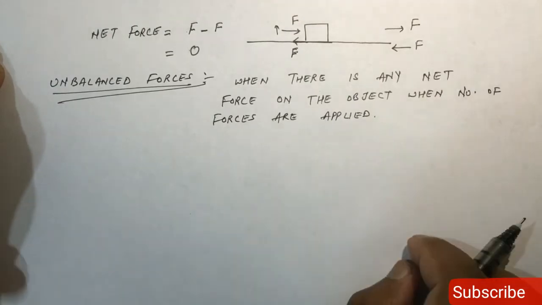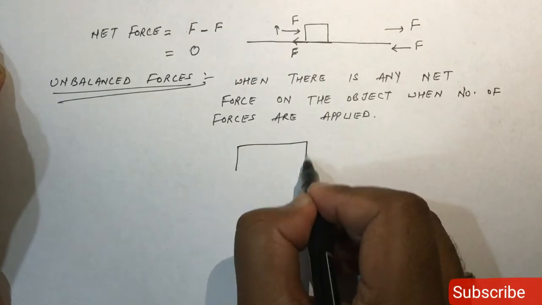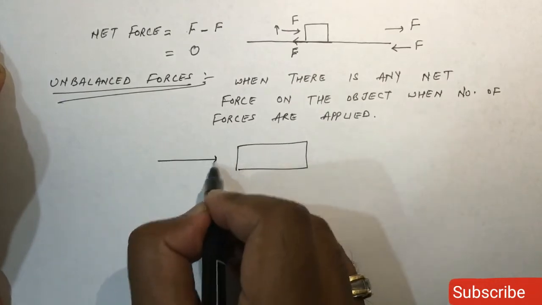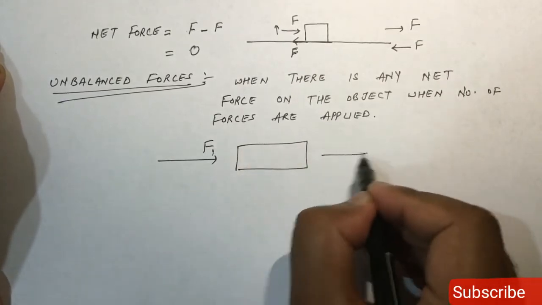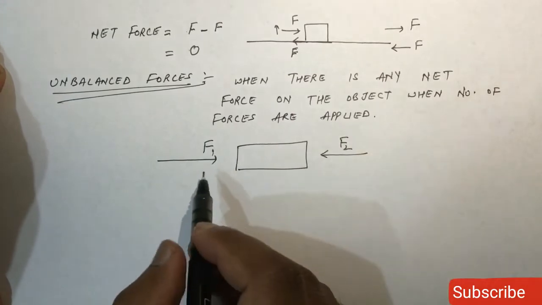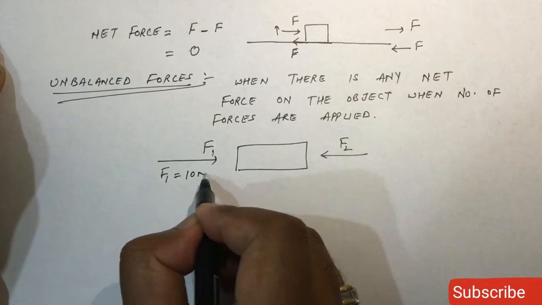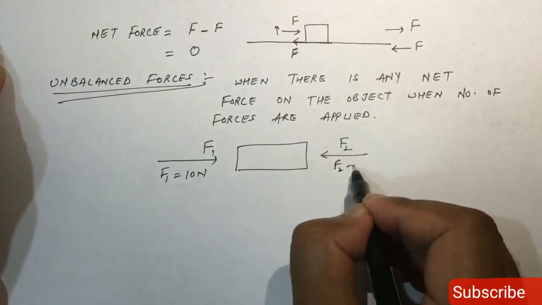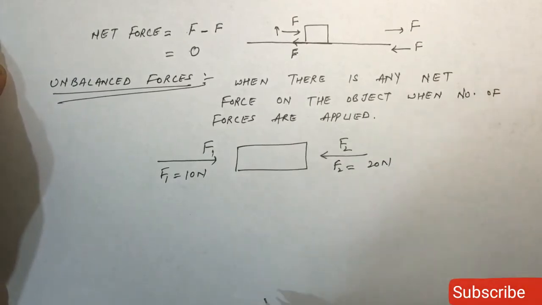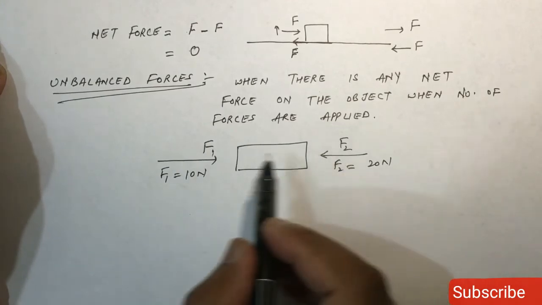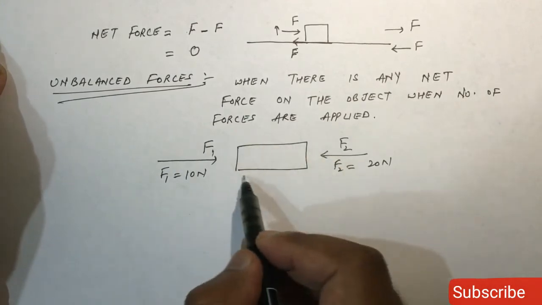Suppose you have an object, you apply forces F1 and F2 from both the sides. Suppose F1 is 10 Newton and F2 is 20 Newton. Now there is net force on the object.